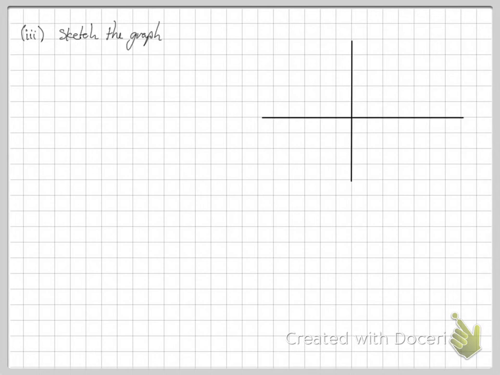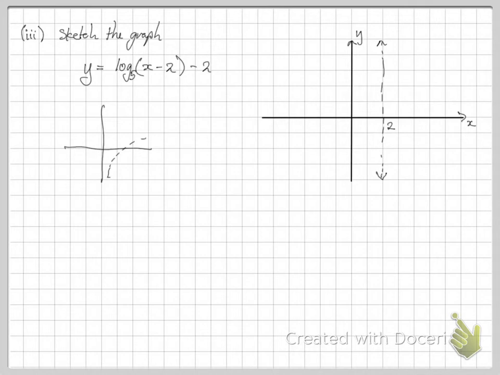Alright, sketch the graph. First thing we do, sketch in the vertical asymptote at x equals 2. Okay, so it's y equals log to base 5 of (x minus 2), minus 2, so just roughly a normal log would look like that.